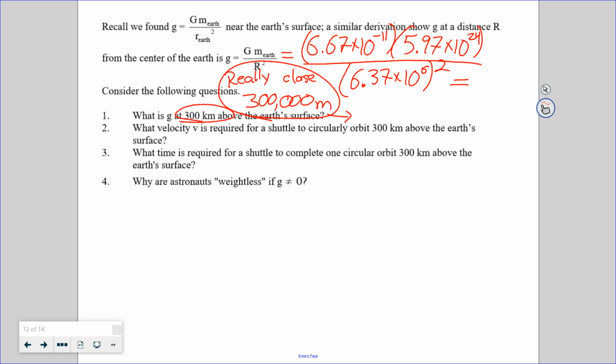So it would be almost the same. If you crunch those numbers, you should get 9.81 with units of meters per second squared.